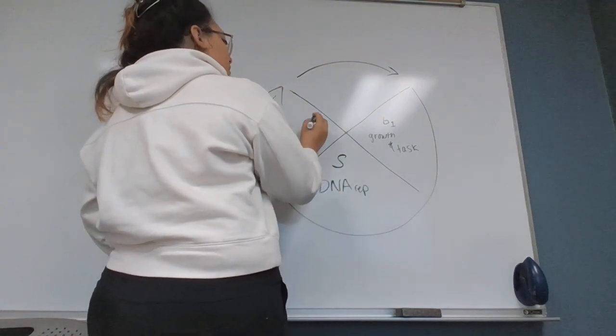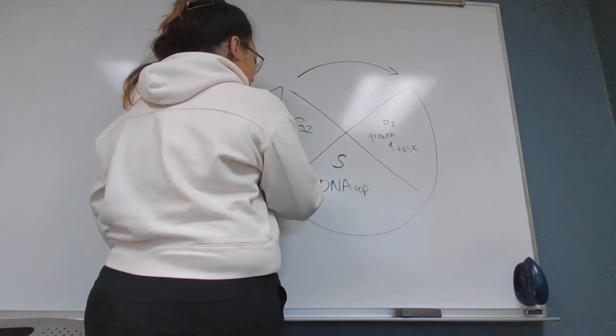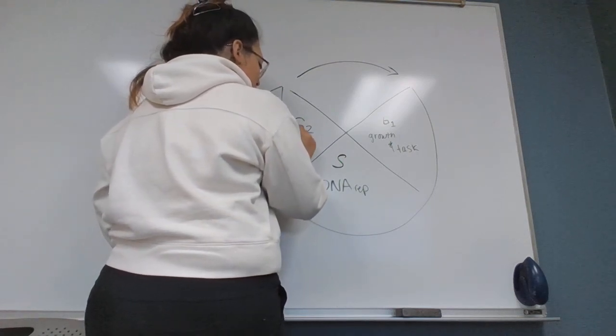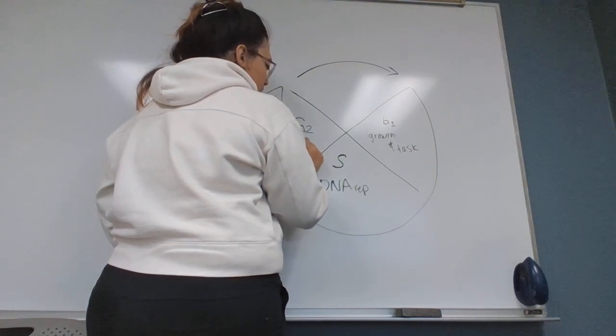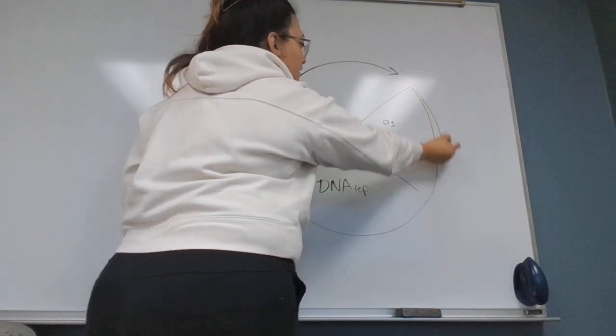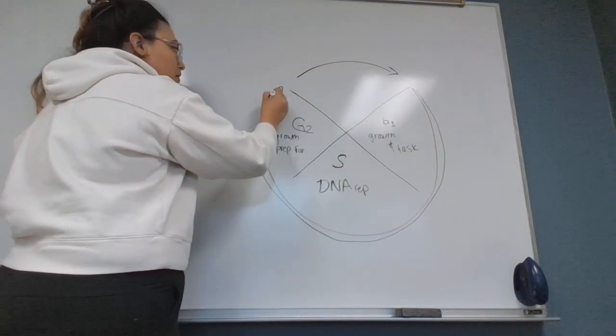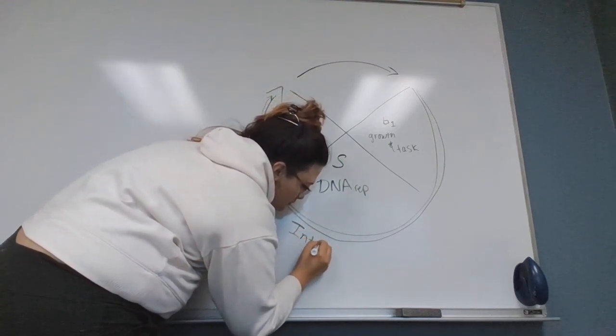And then G2 is also focusing on growth and preparing for mitosis, which is our final stage. G1, S, and G2, all of this right here, is also what's called interphase.